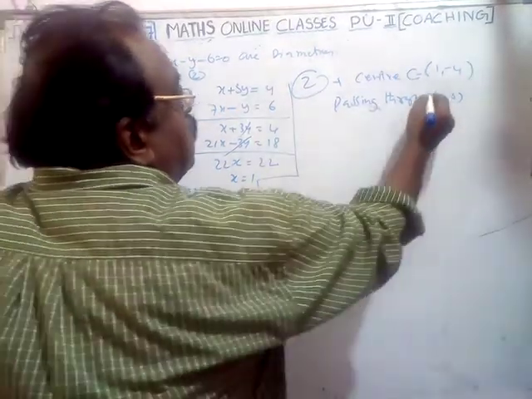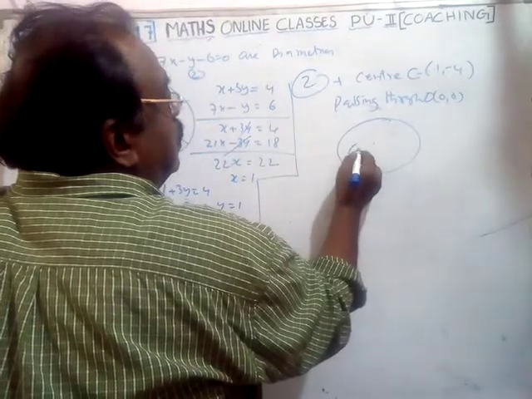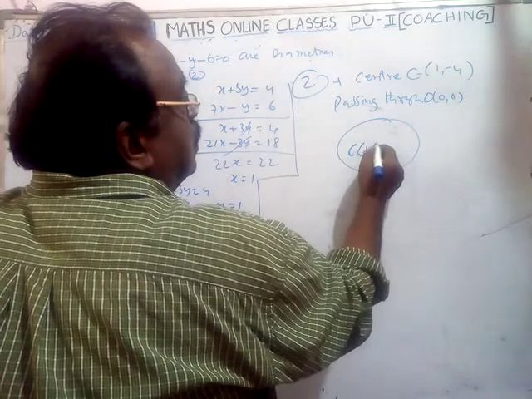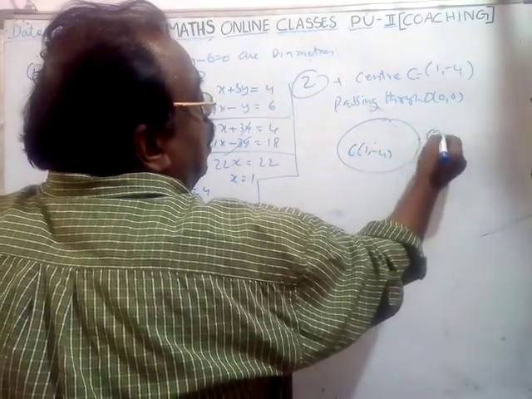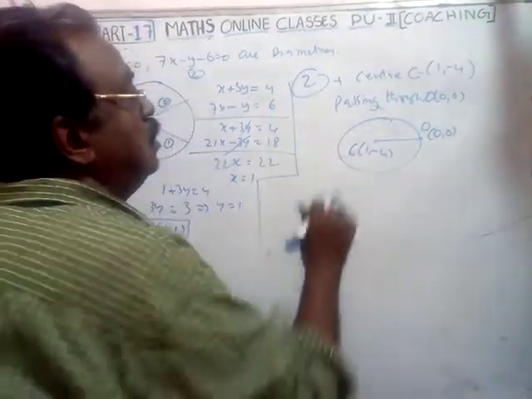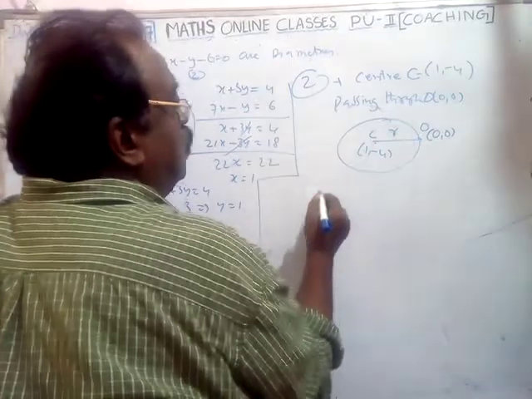So observe it. A circle with the center C 1 comma minus 4 is passing through the origin O. So here OC is the radius. You observe it. This is the radius, you know.